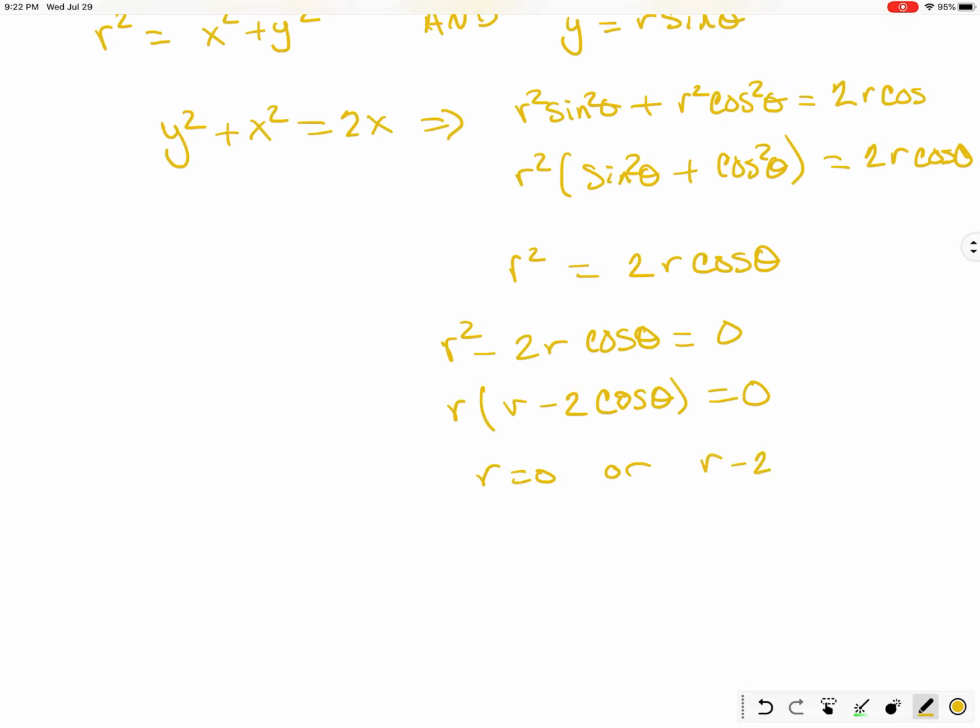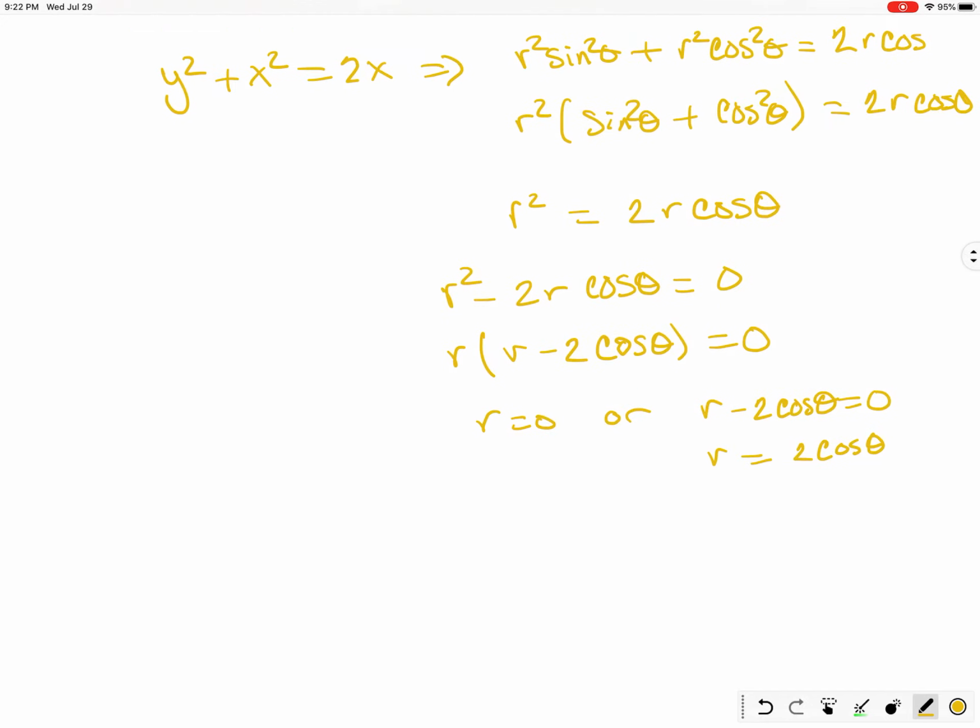And so r equals 0, or r minus 2 times the cosine of theta equals 0. And of course that means that r is equal to 2 times the cosine of theta. So my r then runs from 0 to 2 times the cosine of theta.